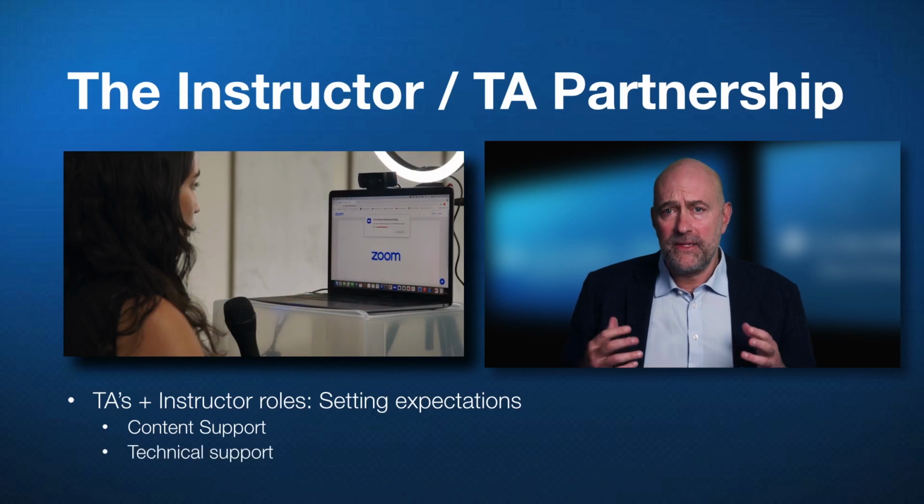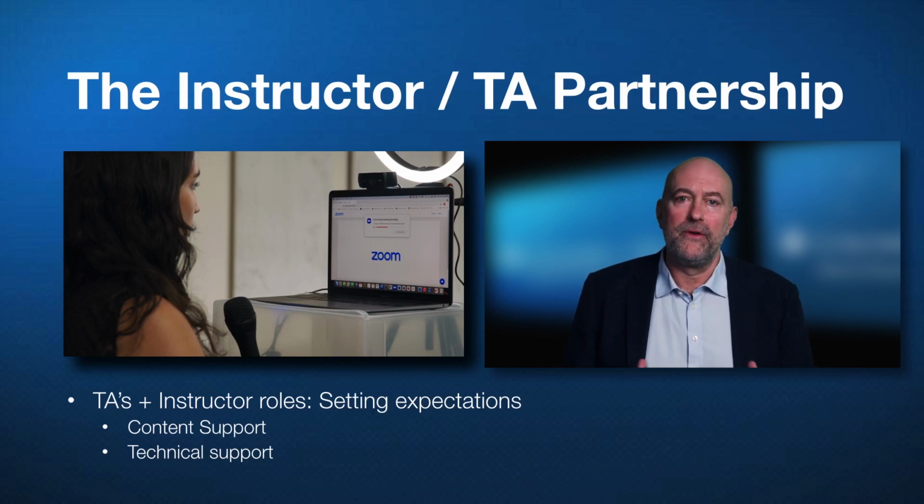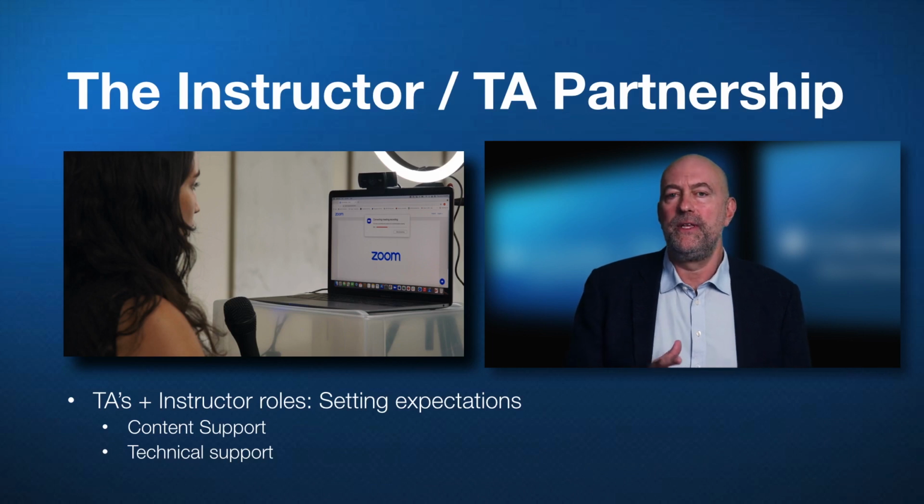A TA providing technical support may be assisting with attendance, moving students into breakout rooms or other digital spaces, posting and organizing materials, setting up collaborative workspaces, or providing support to students who are having trouble with technology. Of course, TAs could offer a blend of these two types of support, but thinking about TA support in these categories can help everyone clarify roles and processes from the start.